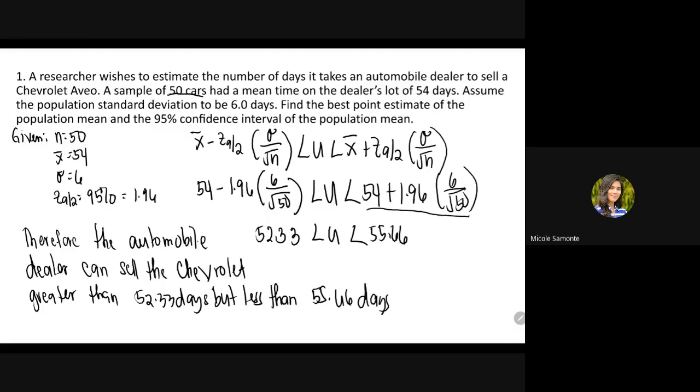There is no template when giving the conclusion for as long as the thought will be there. So you could simply say that the population mean is greater than 52.33 days but less than 55.66 days.